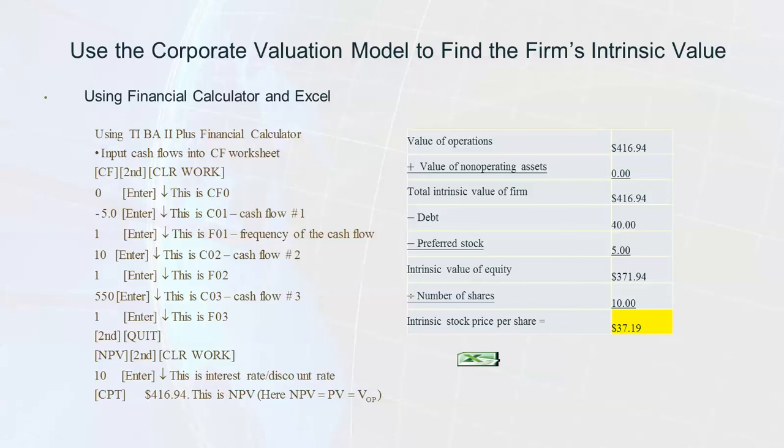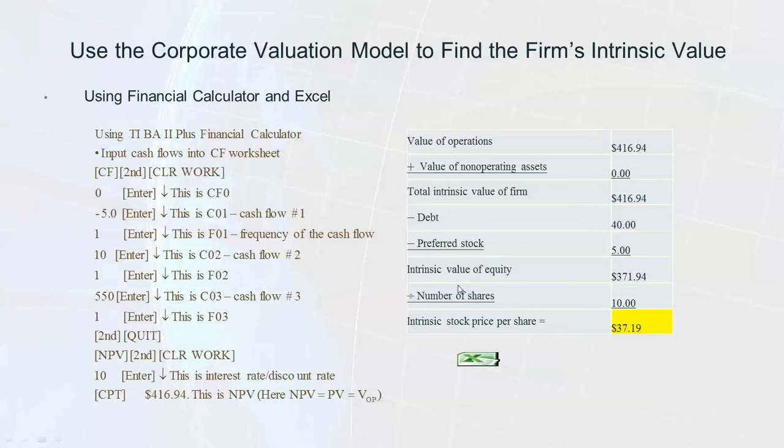And in the problem, if you have 40 million debt and 5 million preferred stock, take out your debt obligation and preferred stock from this total value. That's going to give you the leftover equity value, the equity value after debt and preferred stock.